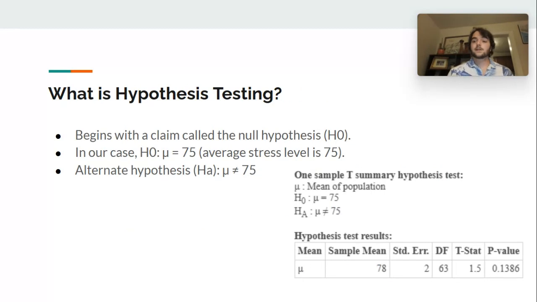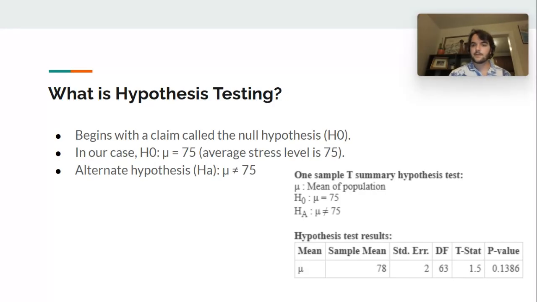What is hypothesis testing, our second method? Hypothesis testing begins with a claim. And the claim is the null hypothesis. And pretty much you want to disprove or prove the null hypothesis, which is the average that's claimed or hypothesized.